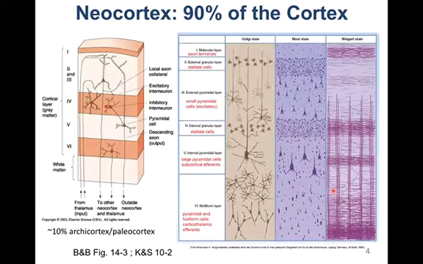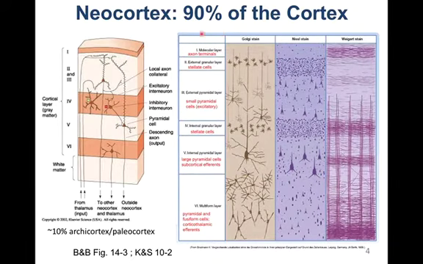Okay, so 90% of the cortex is neocortex, meaning in terms of evolution, it evolved more recently. So if it's not neocortex, then it's paleocortex or archicortex, which are more evolutionarily ancient regions of the brain.